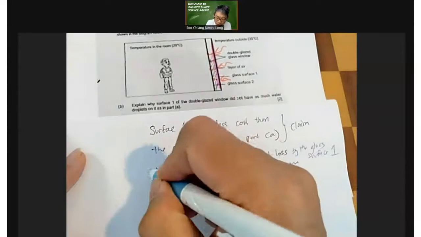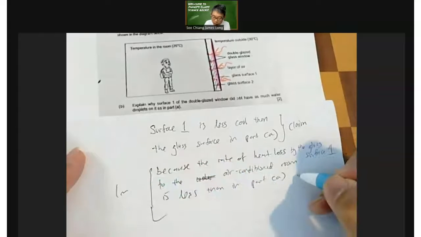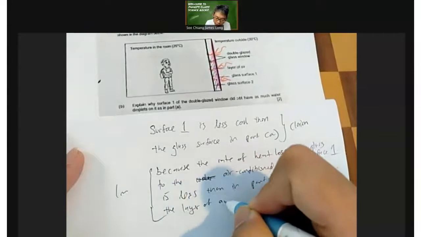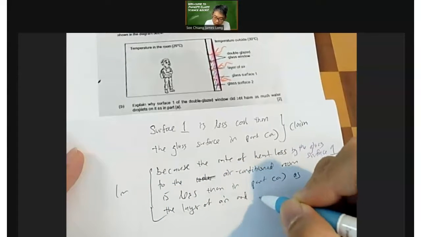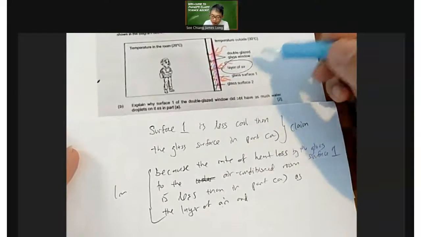Okay, this should give me 1 mark. Now on part A, as the layer of air, which is this one, I don't have to say layer of air between the two glass because it's already stated here.